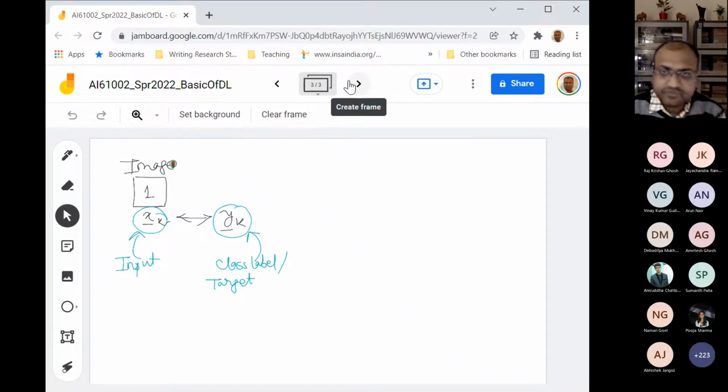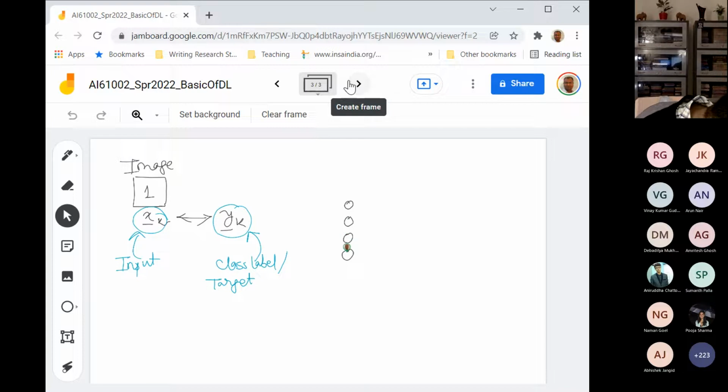Now, what I want to achieve over here is to create a neural network in order to be able to solve this problem. I can start by doing something like this. What do I know? One is I know something about my input space. Every pixel will go as an input.